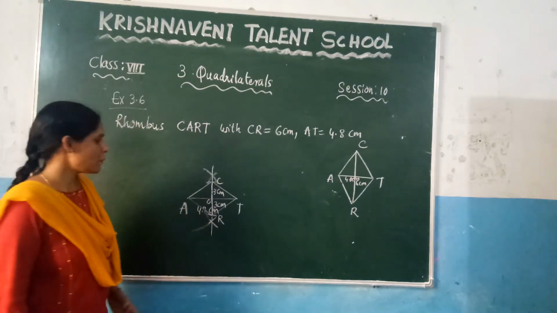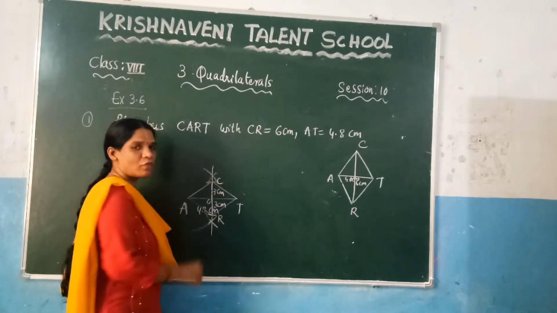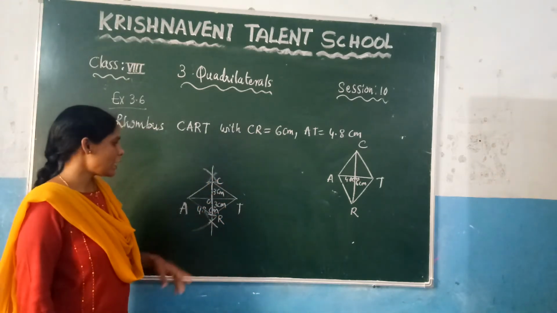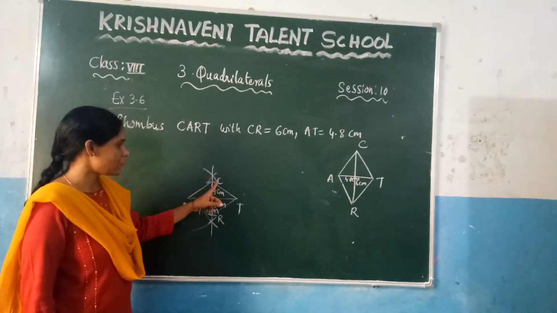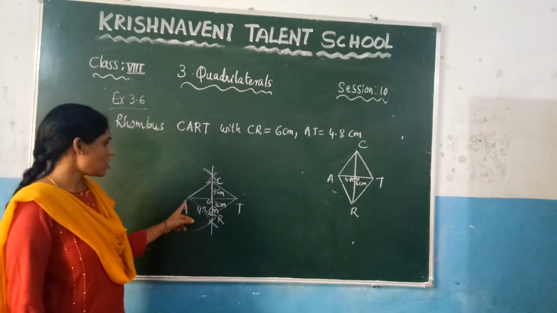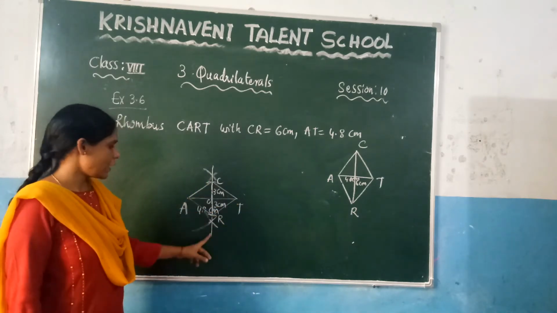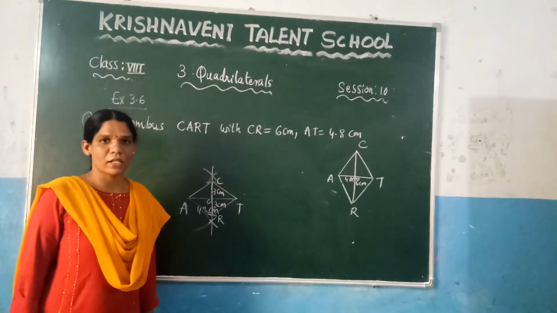Right, one more step. Draw OC and OR of length 3 centimeters. And after that, mark the intersection points as C and R. And after that, write join AC, CT, TR and AR, so that you will get the required rhombus.